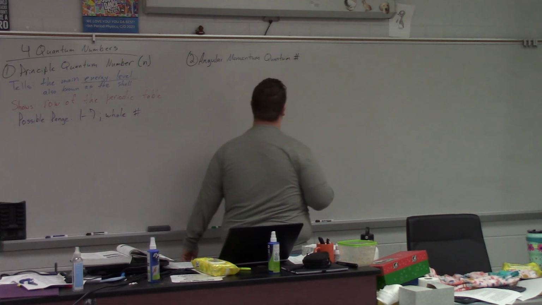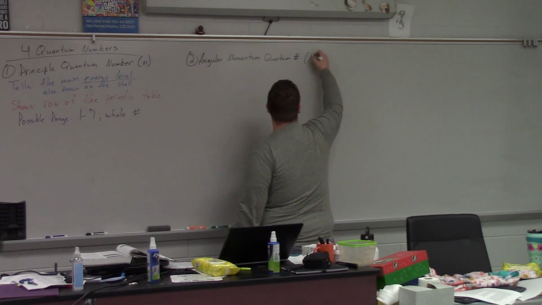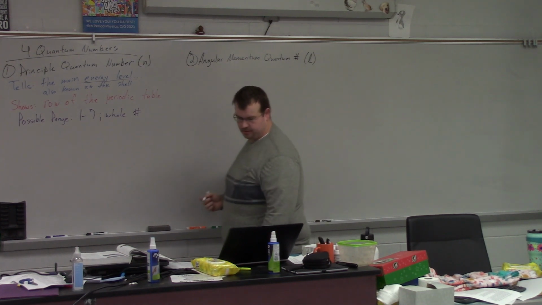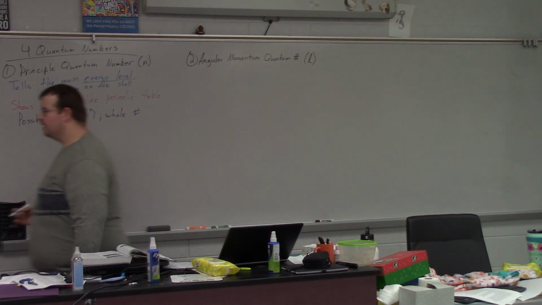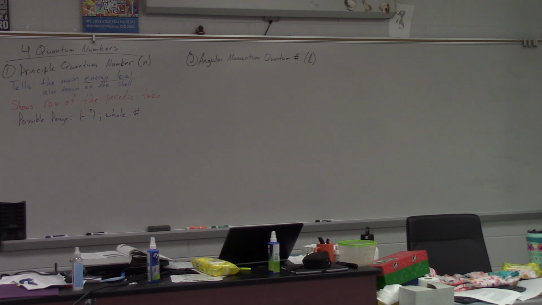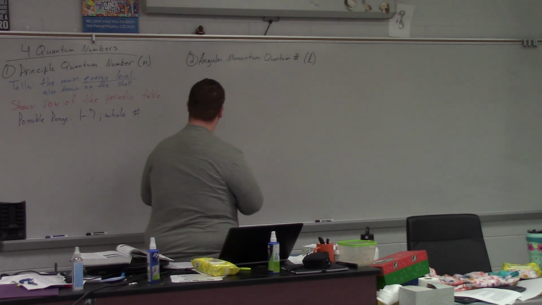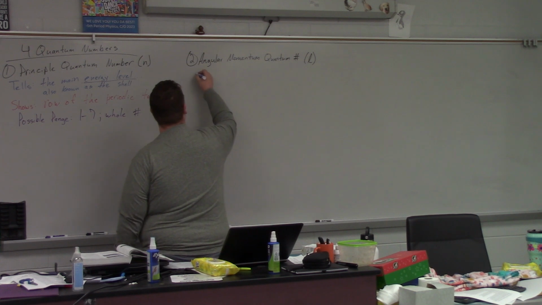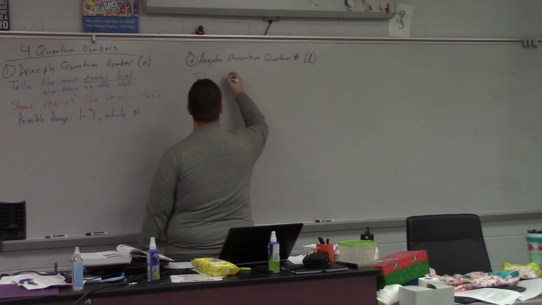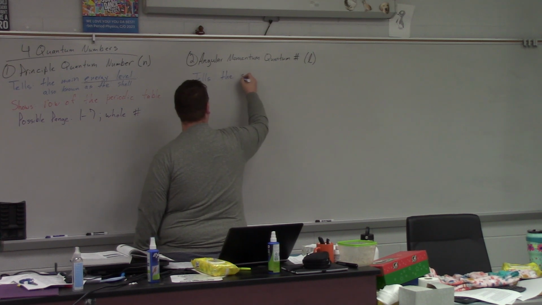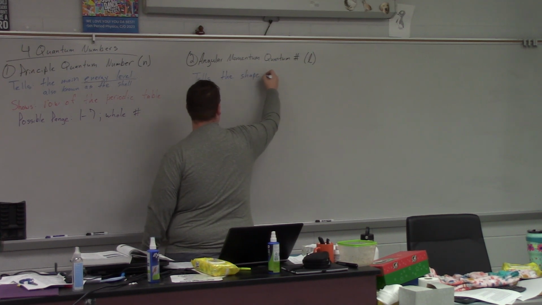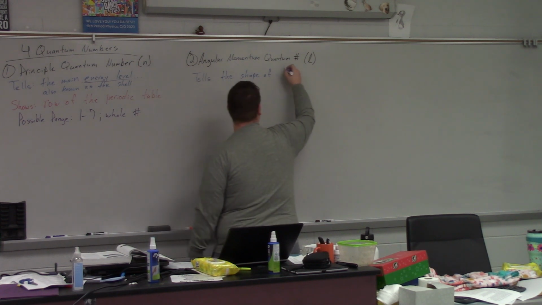So the angular momentum quantum number is abbreviated with a lowercase cursive l. Now, when you look at the angular momentum quantum number, it also tells us some stuff. So, one thing it does is tell the shape of the subshell.